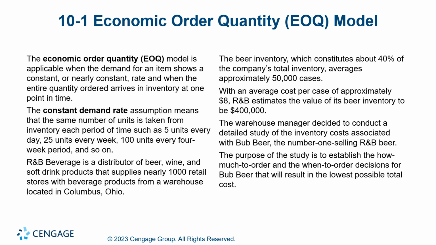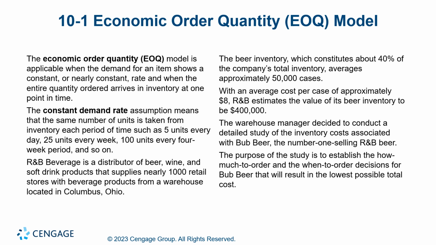So to illustrate the EOQ model, let us consider the situation faced by one company, R&B Beverage. R&B Beverage is a distributor of beer and wine and some soft drink products. From the main warehouse, R&B supplies nearly 1,000 retail stores with beverage products.